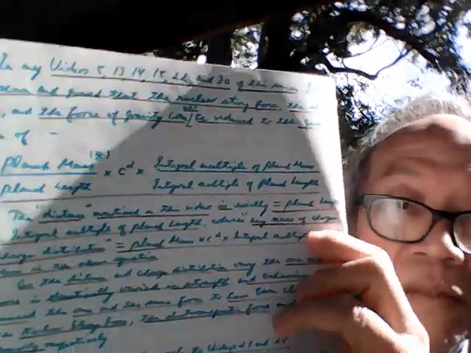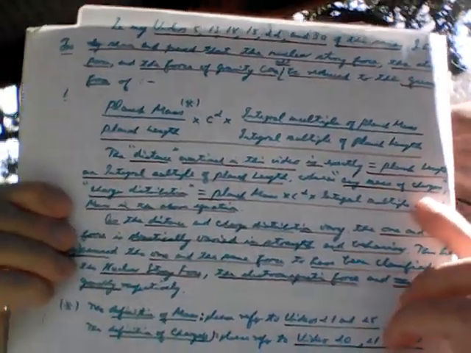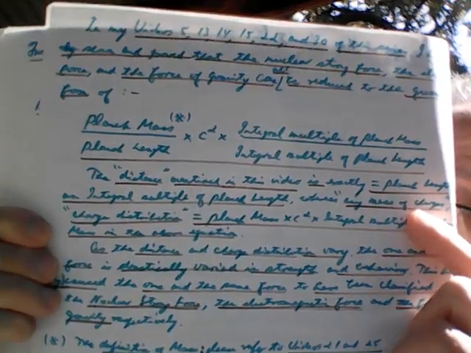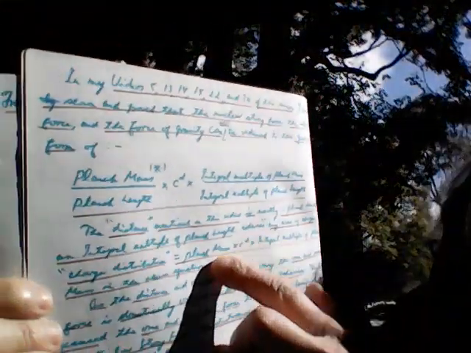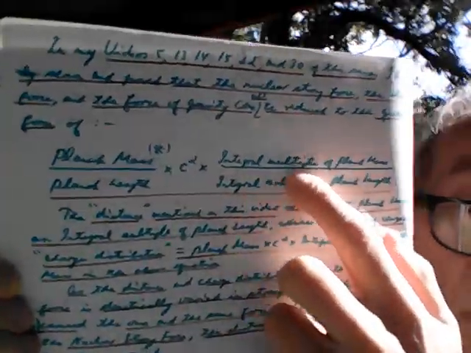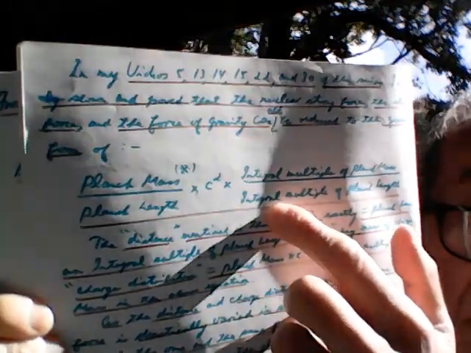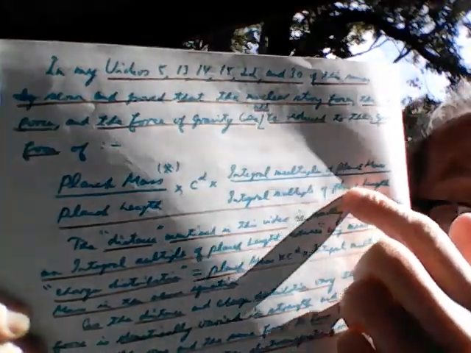You'll find this is the formula, what I call the quantum force equation. That is to say, Planck mass times c squared times an integral multiple of Planck mass divided by Planck length, and times an integral multiple of Planck length.